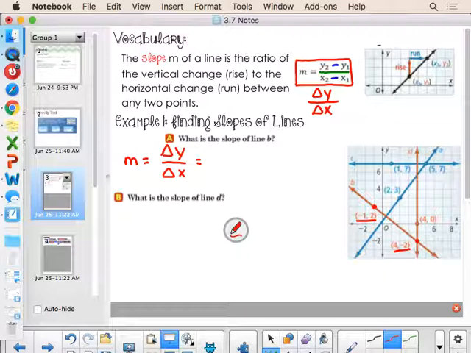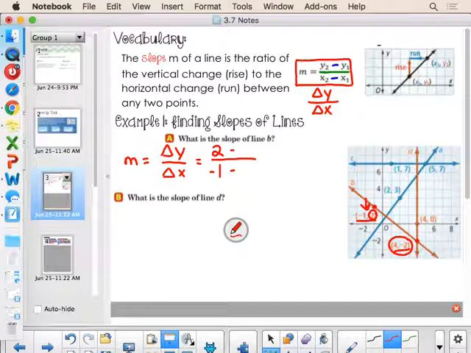I'm going to stick to using these values first. I'm going to use the y value of 2 first in my expression. If I'm using 2 first on the top for my y, I have to use -1 first for my x in the denominator. And we're going to subtract the values in the second coordinate.